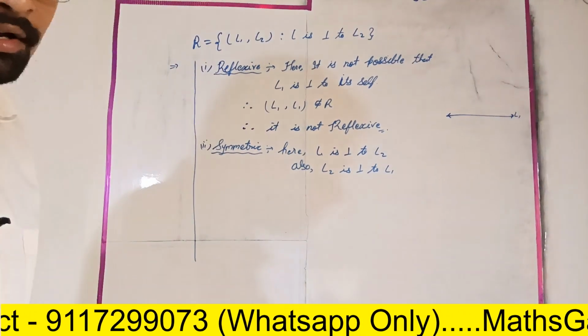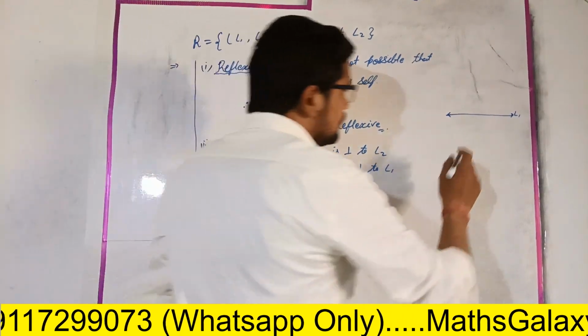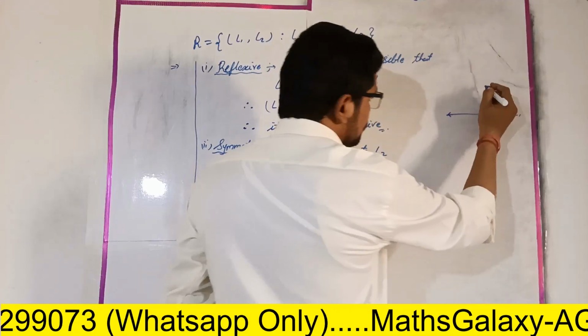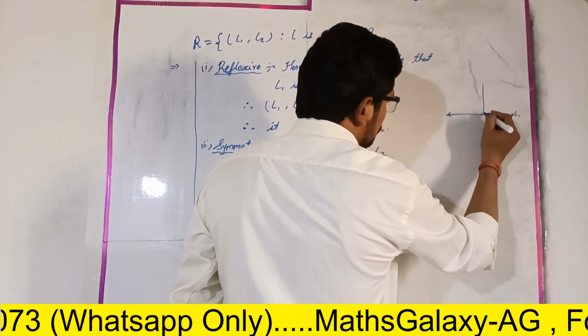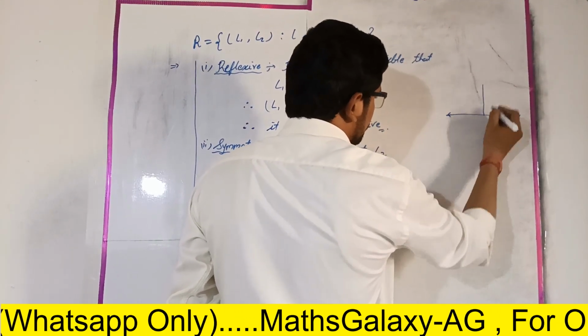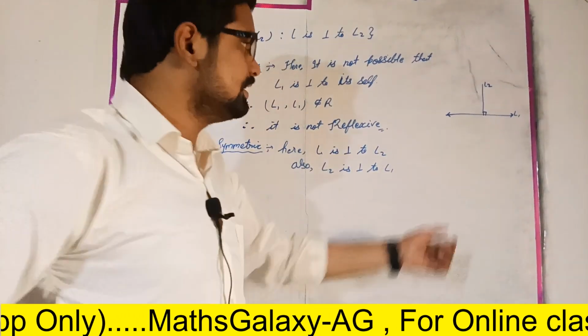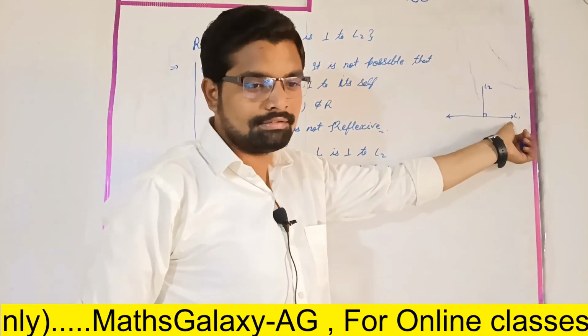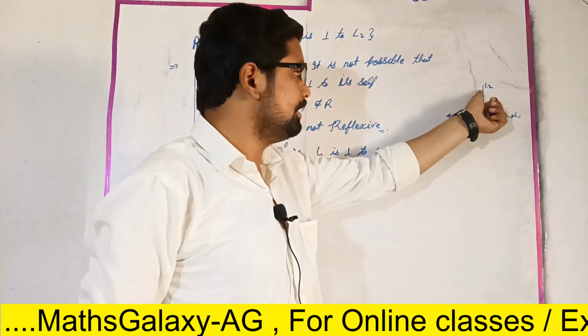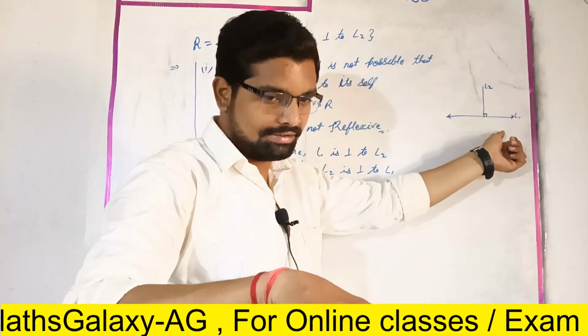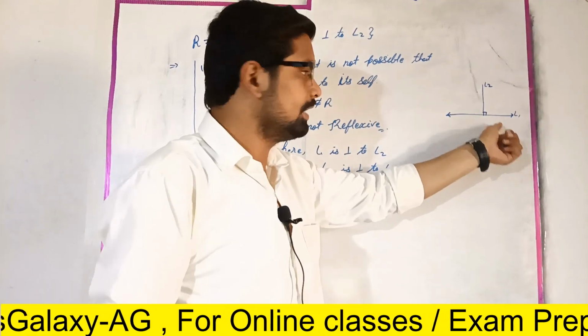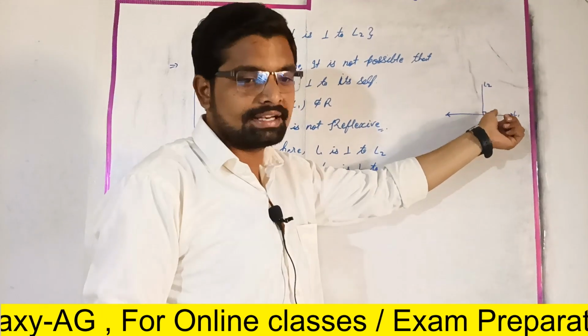Suppose this is line L1 and this is line L2. As you can see here, L2 is perpendicular to L1. It means L2 makes 90 degrees with L1, and we can also say that L1 is also making 90 degrees with L2.